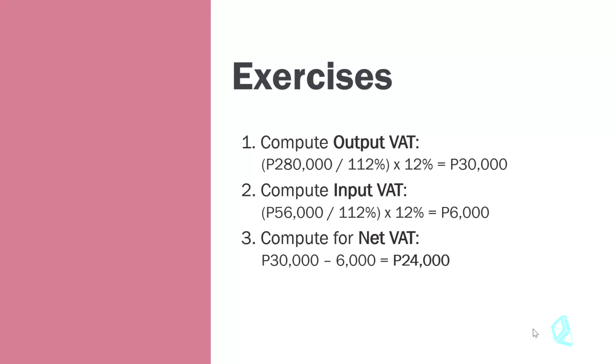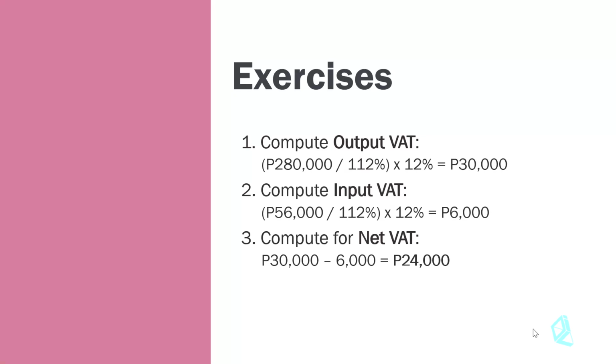If you have a product that is selling for 100 pesos and you are a VAT registered business, you will not only collect from your client 100 pesos, but you will also collect the 12 peso value added tax, which is 12% of 100. So the total amount that you receive from your customer is 112 pesos.